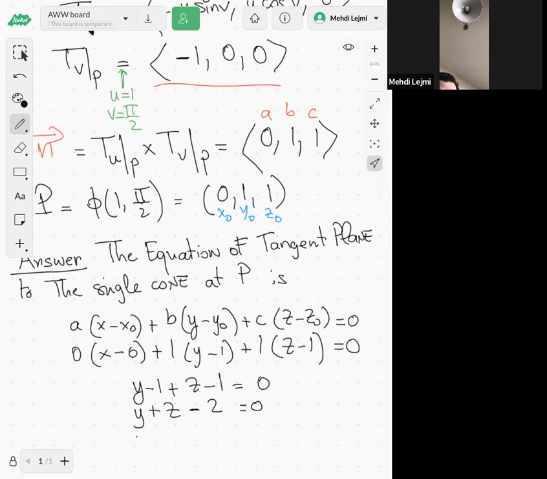In other words, y plus z equals 2. Okay. Any questions, guys? Again, this is the equation of the tangent plane to the single cone at the point P.